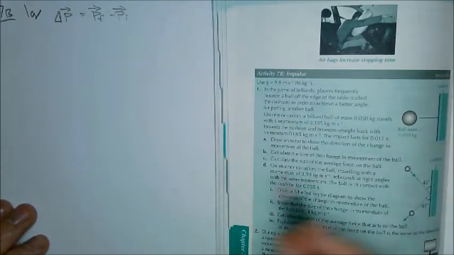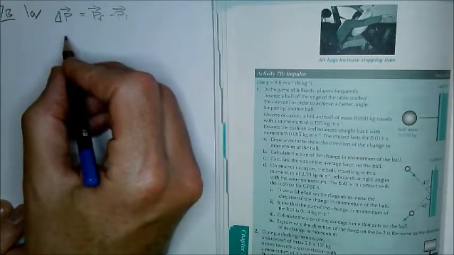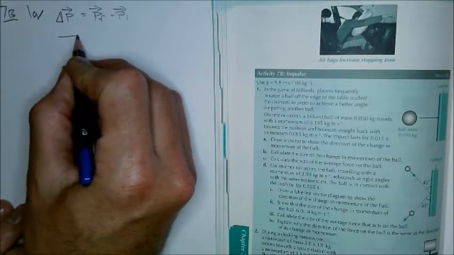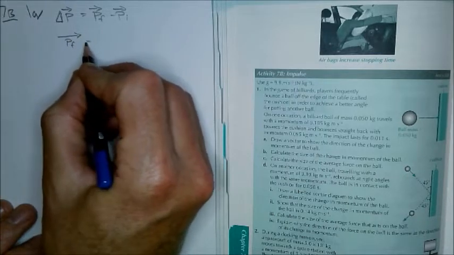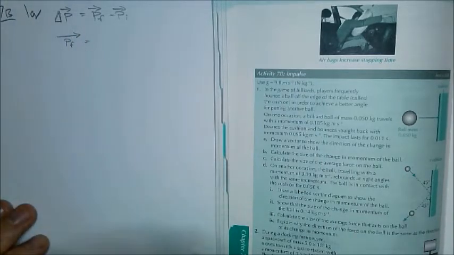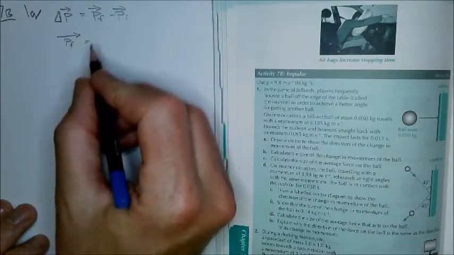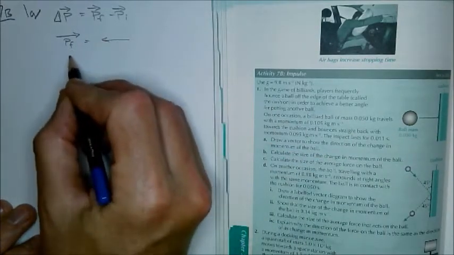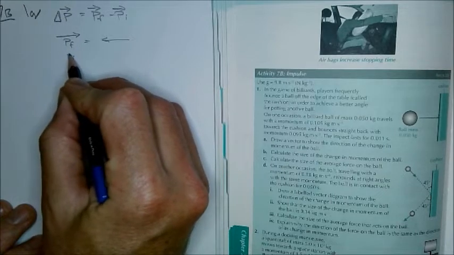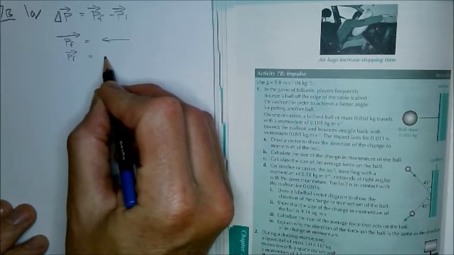The best thing to do is to draw these vectors to start with, just sketch them. So p final is an arrow back away from the wall, and p initial is an arrow toward the wall.